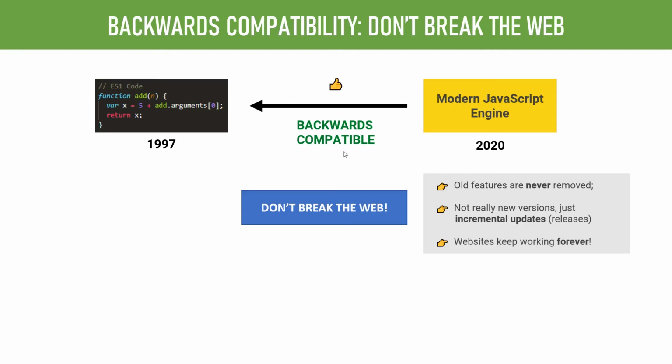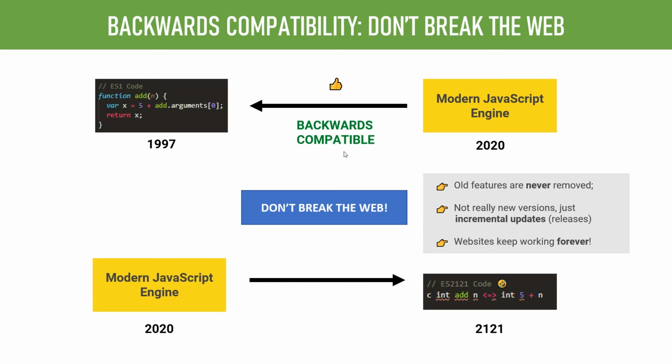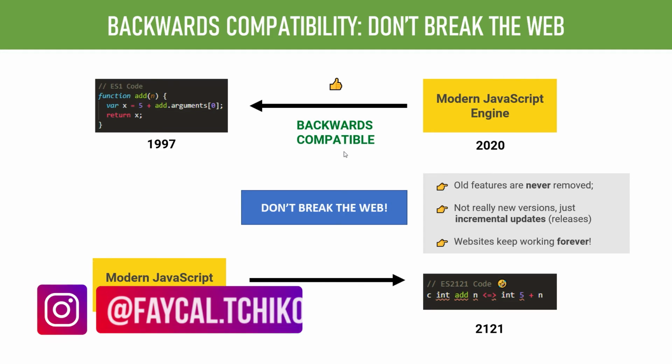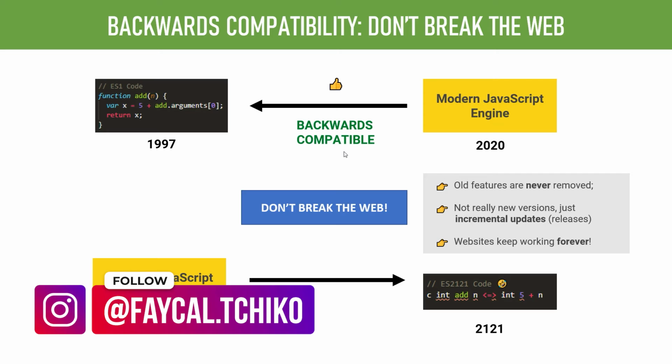But now, there is one more thing that we need to talk about here, and that is forward compatibility. So, what do you think would happen if we took this totally made up code from the year 2121 and tried to run it in today's browsers?